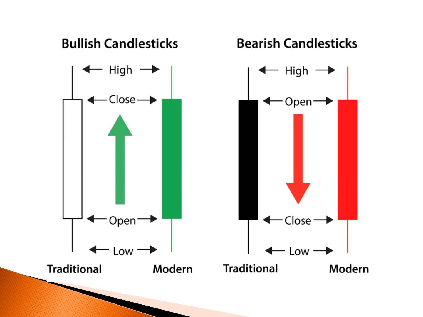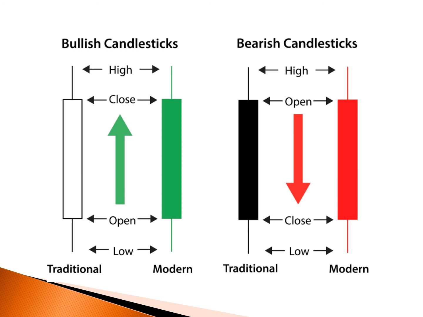As I start going over these strategies, and as you start watching stocks on a daily basis, it's going to make more sense to you. But this is just the basis of what you need to know. Green is going up, red is going down.